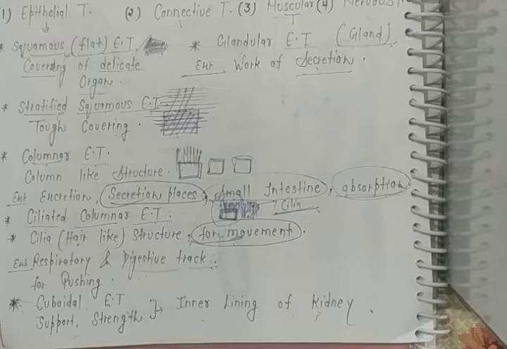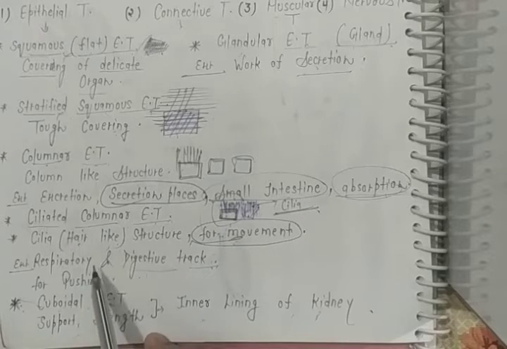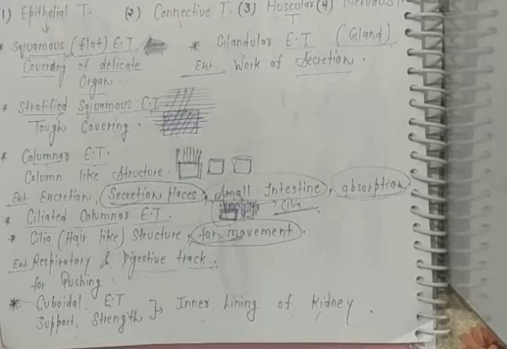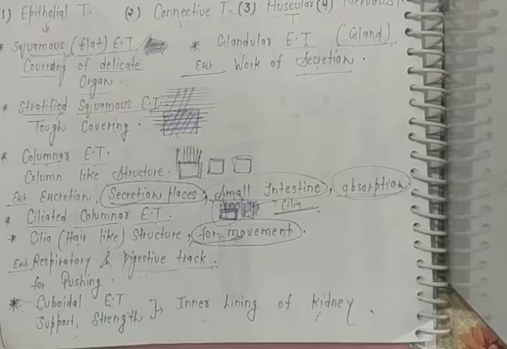Now you will ask me, ma'am, in the respiratory tract when does pushing occur? Pushing occurs during the inhalation or exhalation process. Pushing of what? Pushing of the mixed air of oxygen and carbon dioxide is very important.